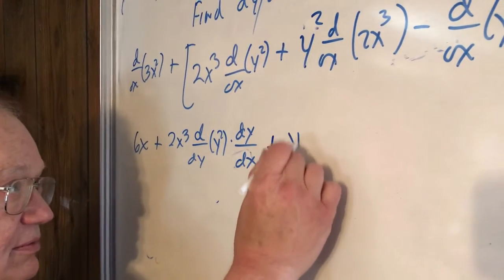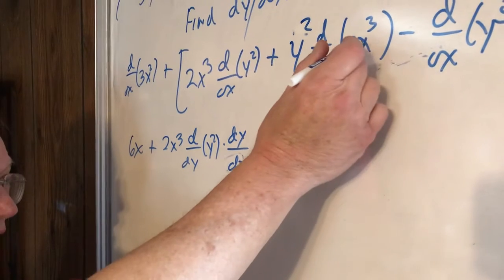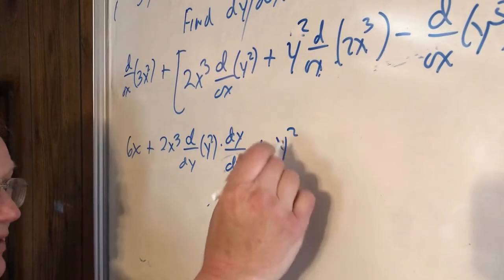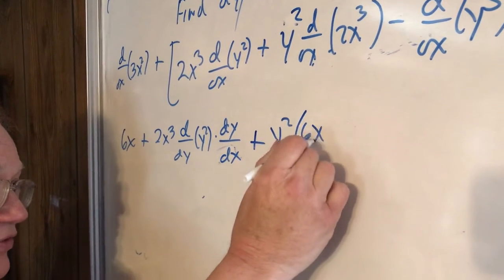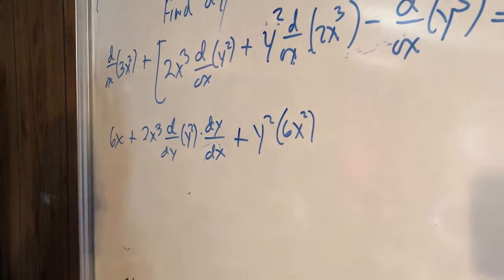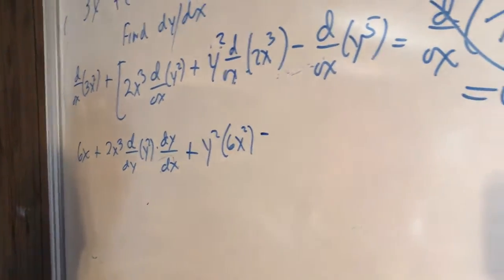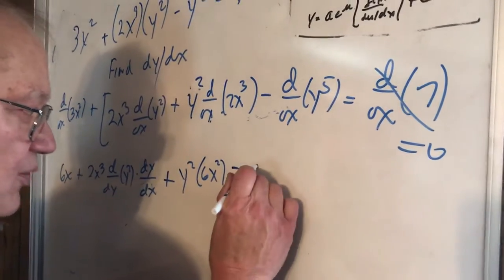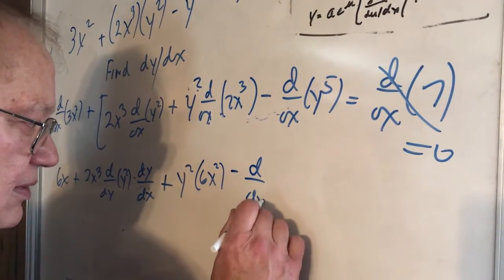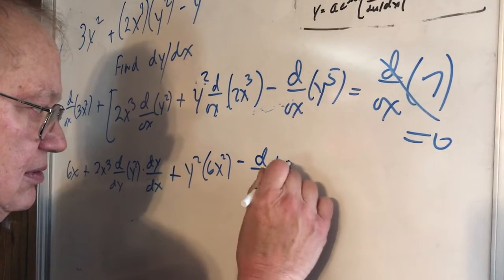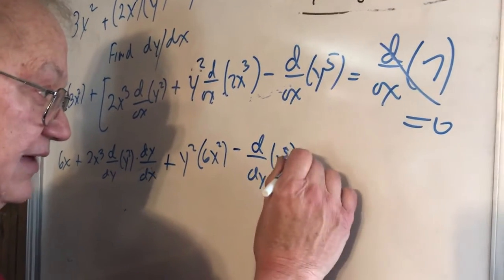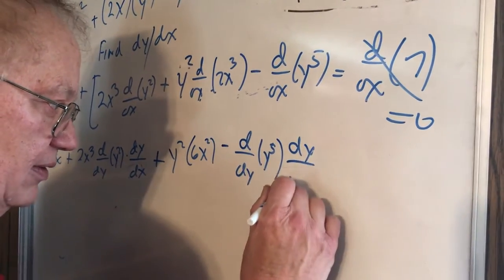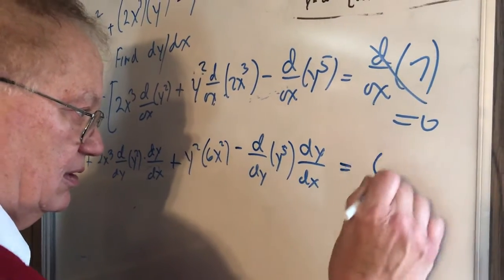Here, d/dx of x and x, I can take that. It's going to be 6x squared. And here I cannot take this with respect to x, so I have to once again set up a dummy, and then to balance it, have a dy in the numerator. And that's 0.